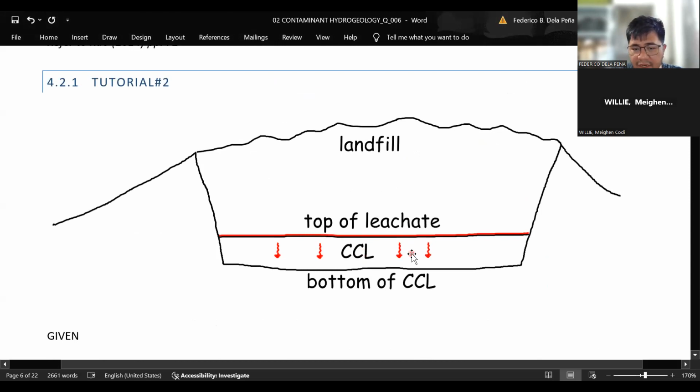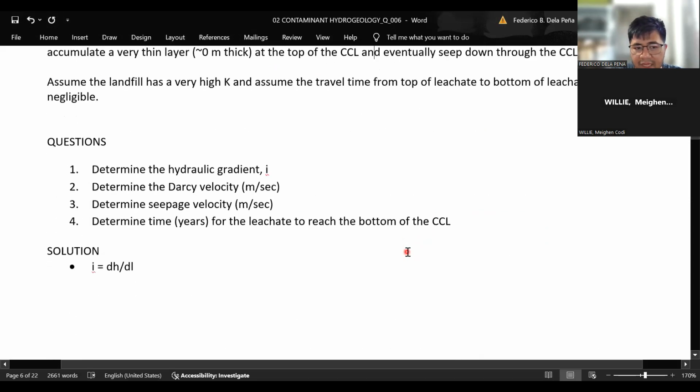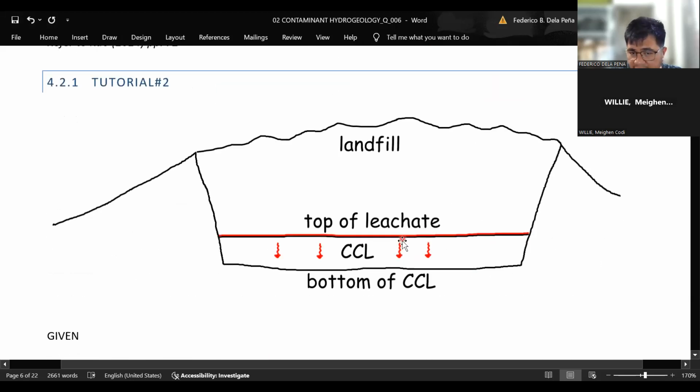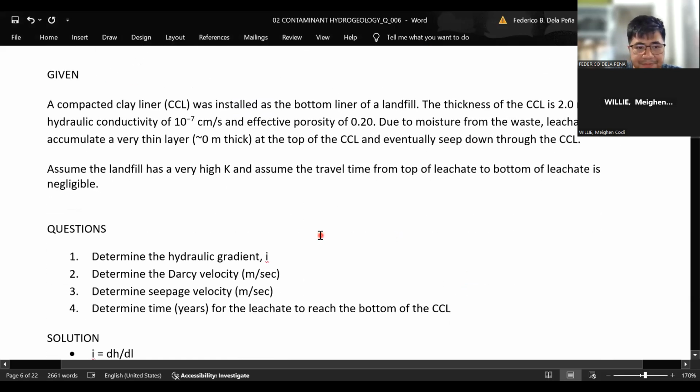Essentially, your problem here is how much time it will take for this leachate to travel from the top of the CCL to the bottom of the CCL. How much time will it take the leachate to travel through the CCL vertically?